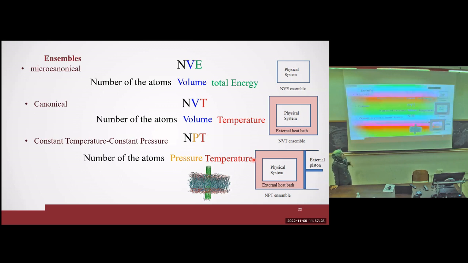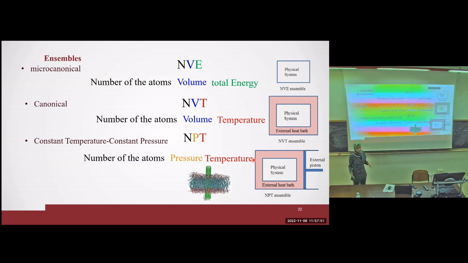Okay, but sometimes the temperature is fixed. For example, you are simulating something near a heat bath, near environments. We have to use the NVT ensemble, in which the number of atoms, the volume, and the temperature are constant. And most of the simulations actually are NPT ensemble.